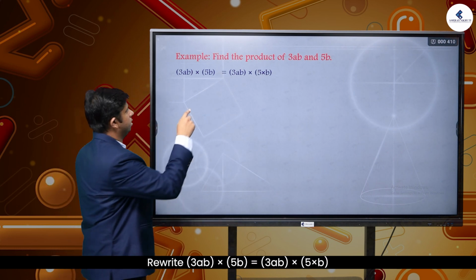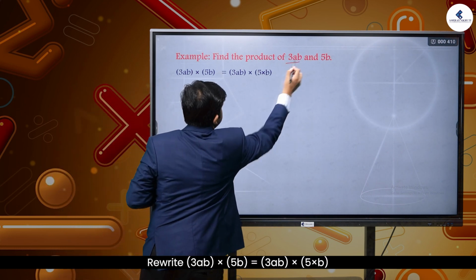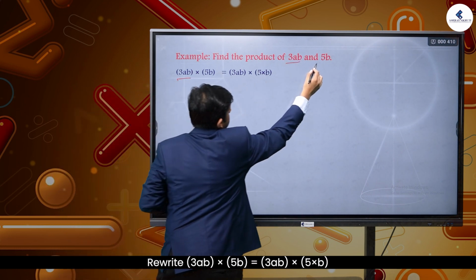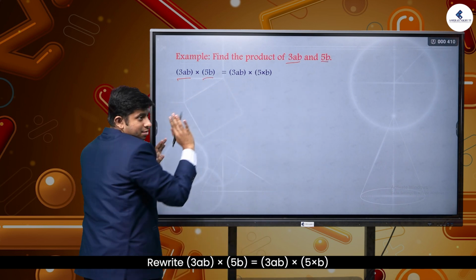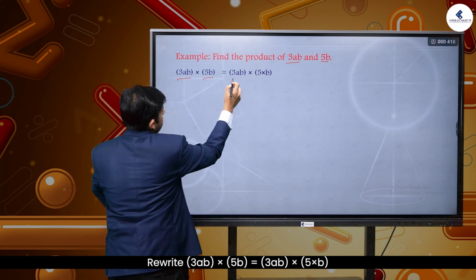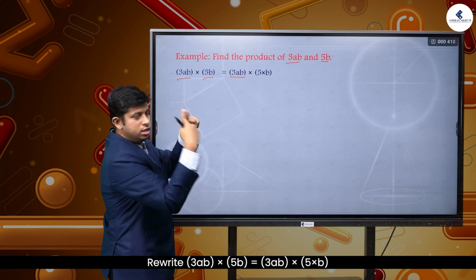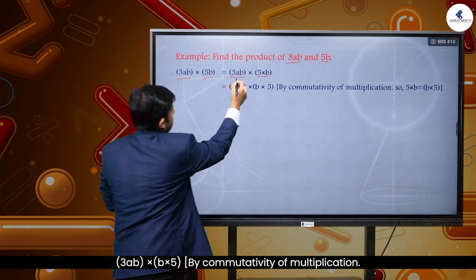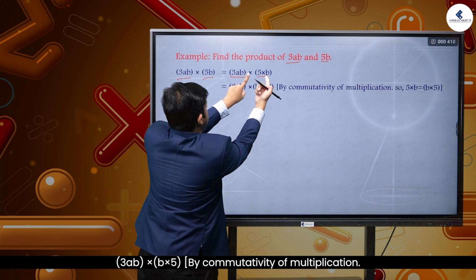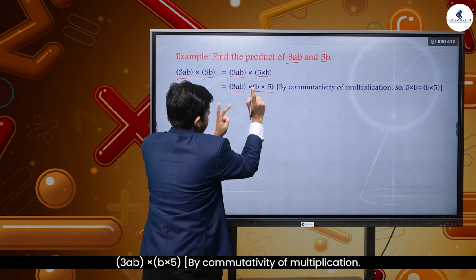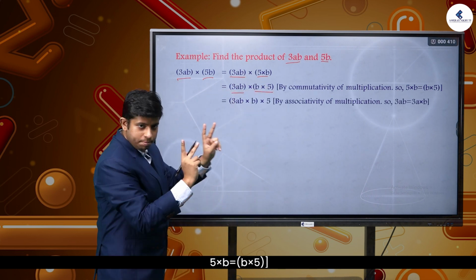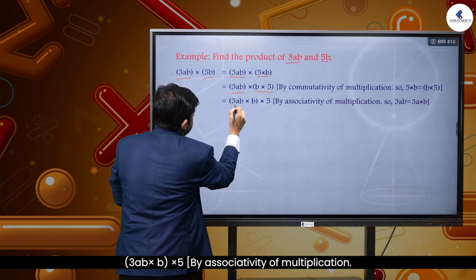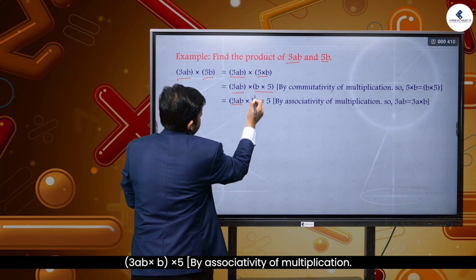We write 3ab into 5b is equal to 3ab into 5 into b. By commutativity of multiplication, we can write 5 into b is equal to b into 5, so 3ab into b into 5.